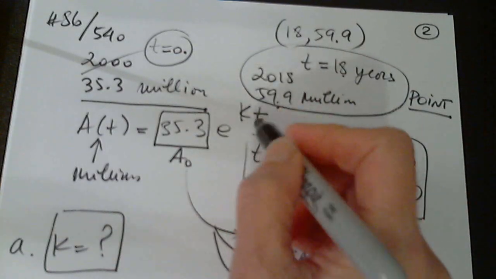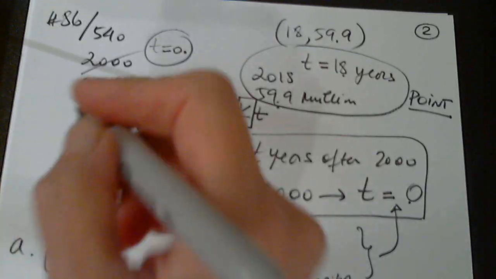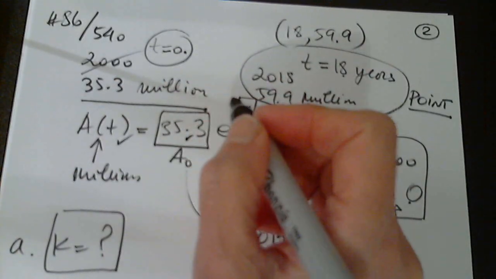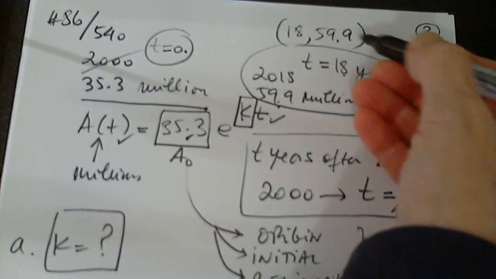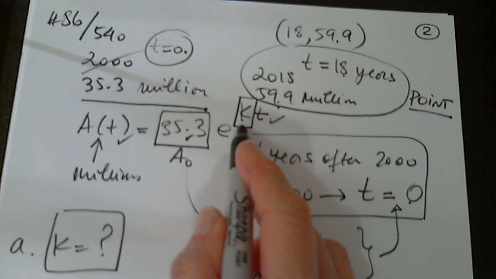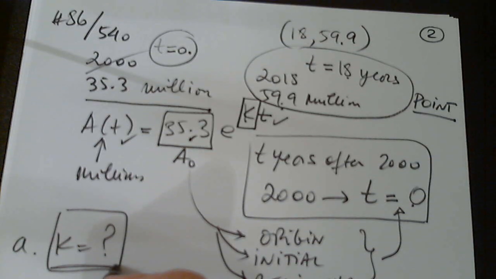And that will allow us to solve for k. Because this is known, 59.9. This is known, 35.3. This is a number. T is known, 18. So we have only one variable, that is k. And that's what they're asking us to find first.